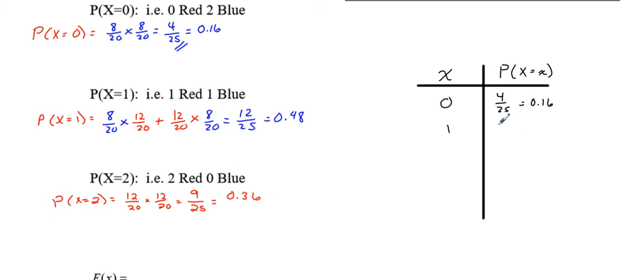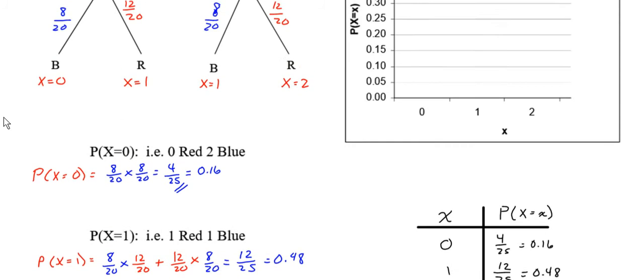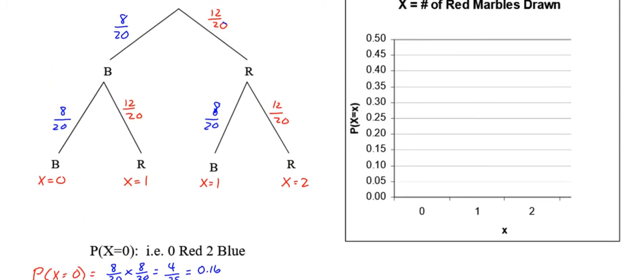For 1 red marble, we had 12 out of 25, which is 0.48. And for 2 red marbles, you had 9 out of 25, which is 0.36.